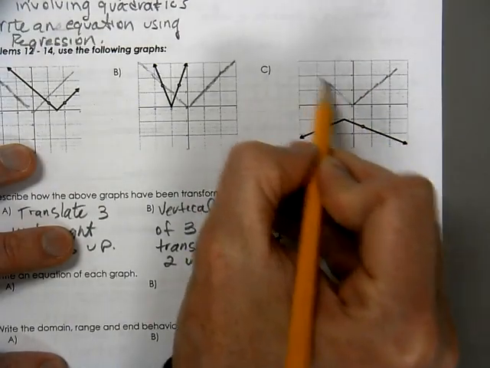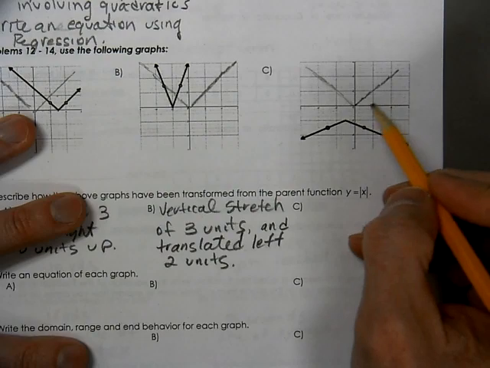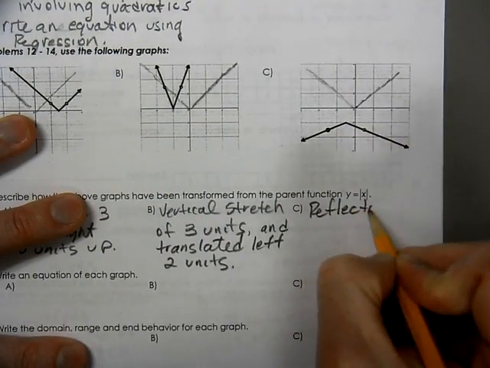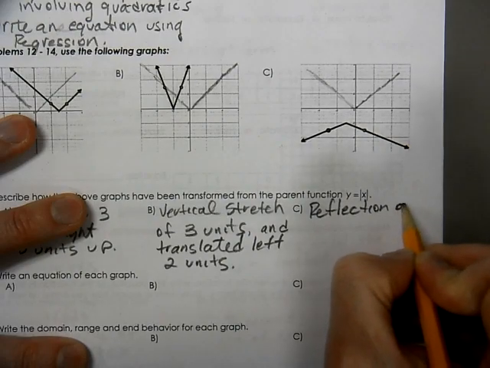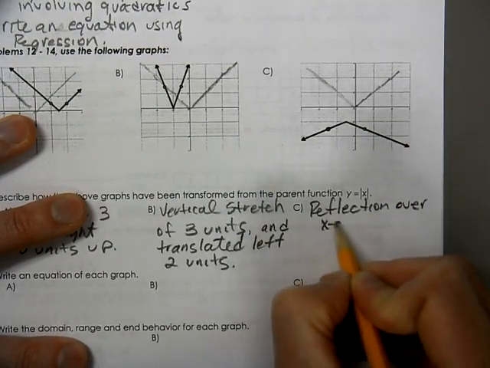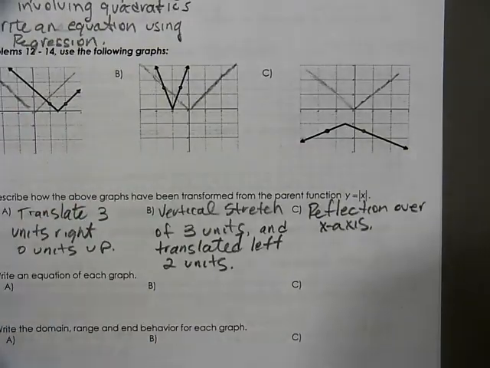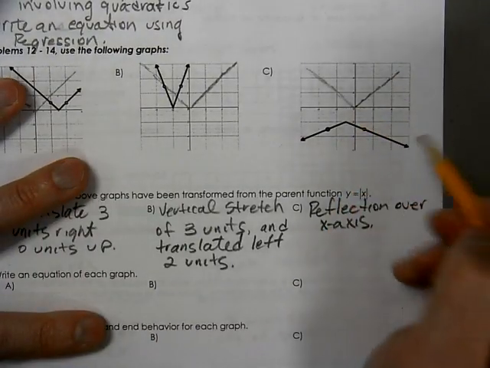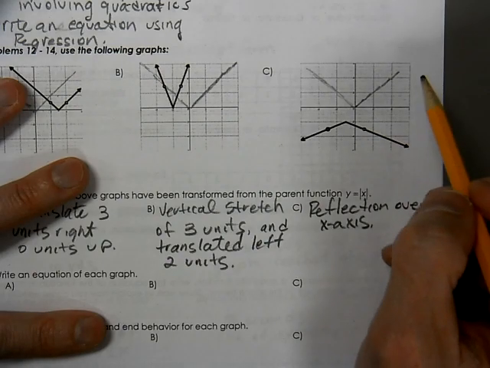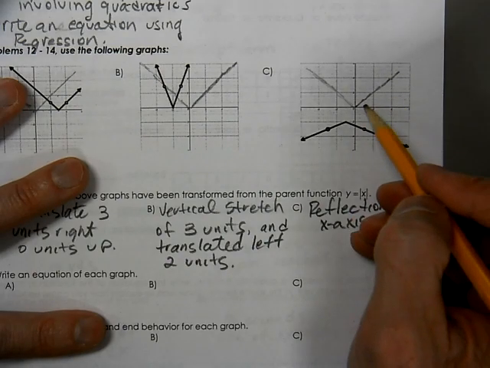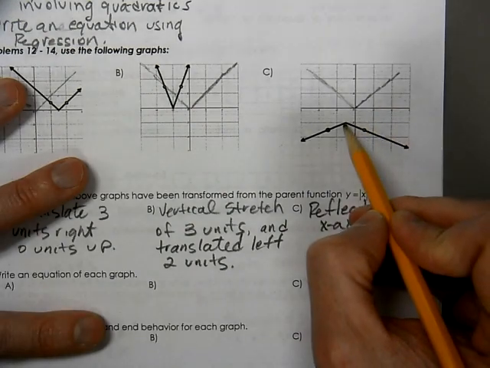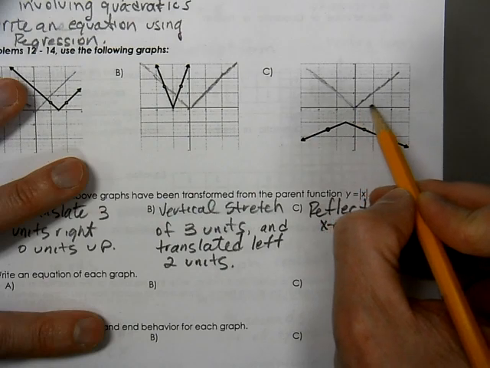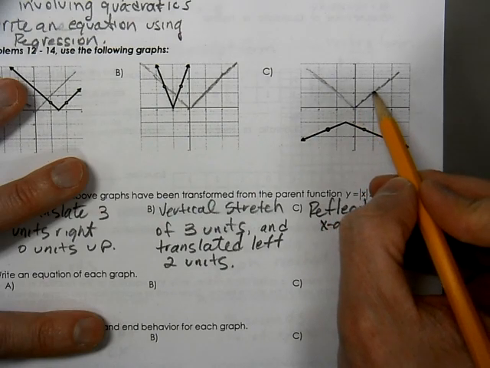There's the parent function. So we're having a reflection over the x-axis. That means we multiply all the values by -1. And what typically goes over 1, 2 is only going up 1. 1, 2 usually goes up 2.